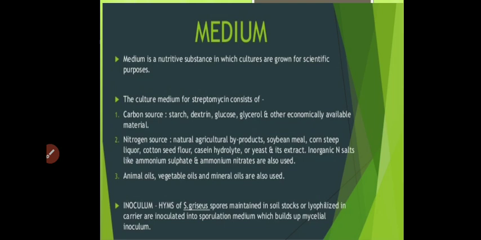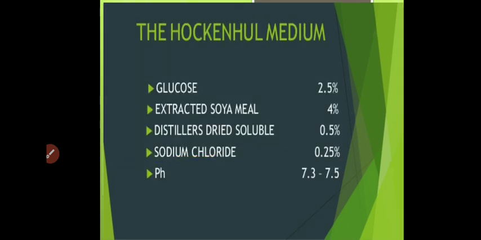Once sporulation starts, it helps in the buildup of mycelium inoculum. This mycelium inoculum is developed by increasing the amount of medium, and a proper seed culture is developed for the fermentation process.